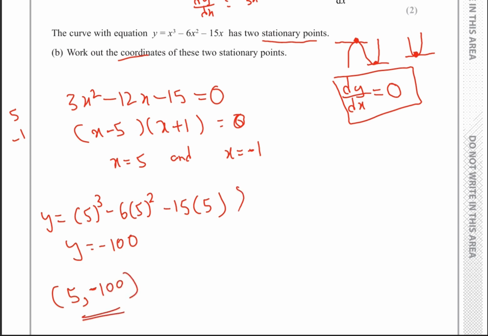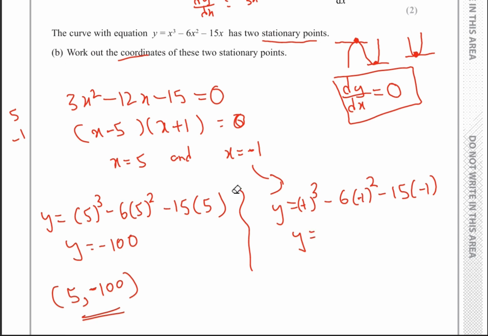So this coordinate pair is x coordinate 5 and y is minus 100. And this one, again you substitute. Make sure to put brackets, guys, because if you don't put brackets around the minus 1, your answer will go wrong. So here I have minus 1.